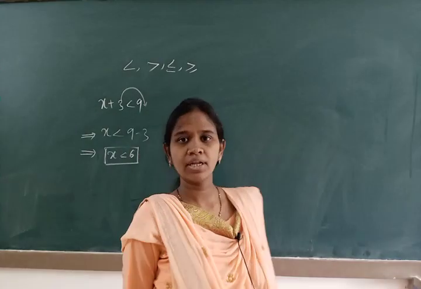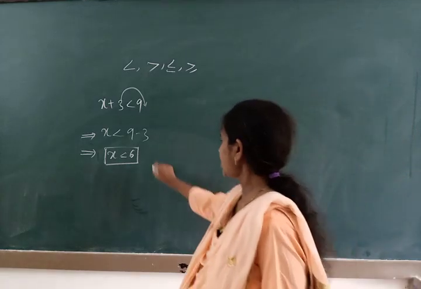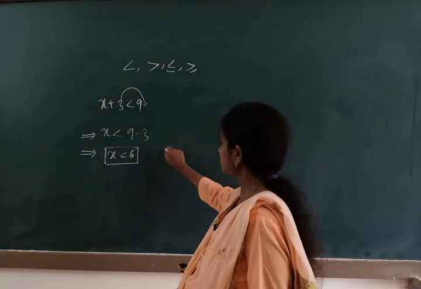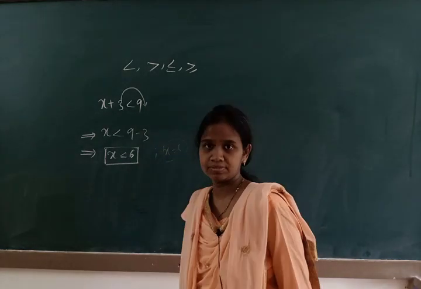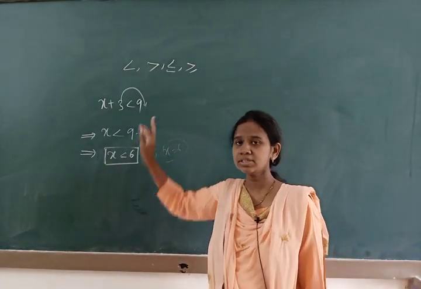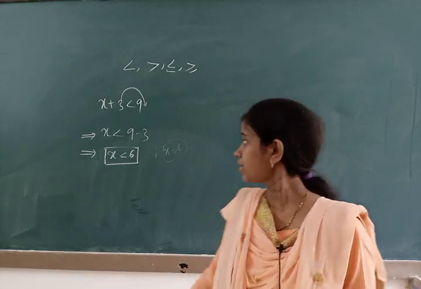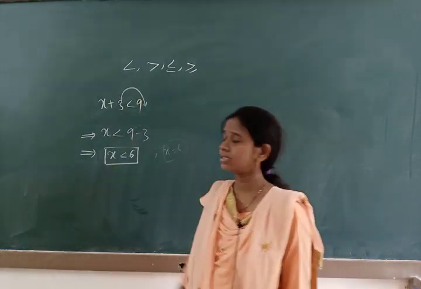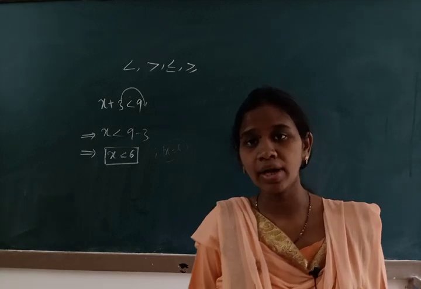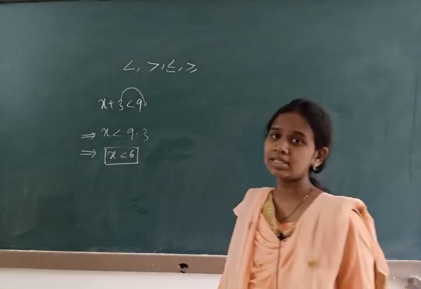Whereas x = 6 would be the solution for the equation x + 3 = 9. If you substitute, you get that. But here our answer is x is lesser than 6.